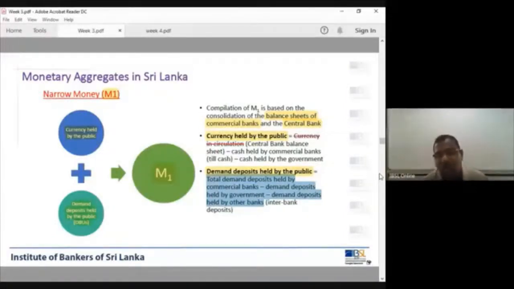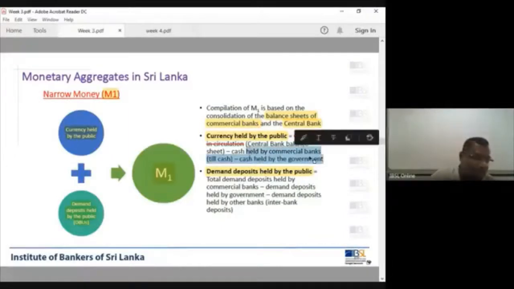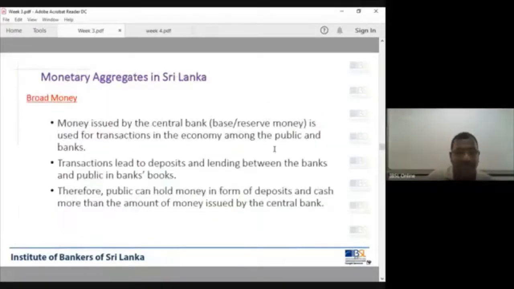But in your exam, you don't need to worry about that. So keep that in mind. In your exam, whenever you say currency held by the public, you have to take the difference between currency in circulation and currency held by banks. Demand deposits you can take as it is. We'll do an exercise, then you will understand.